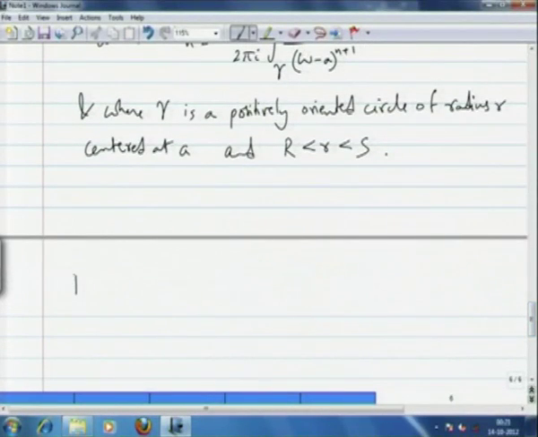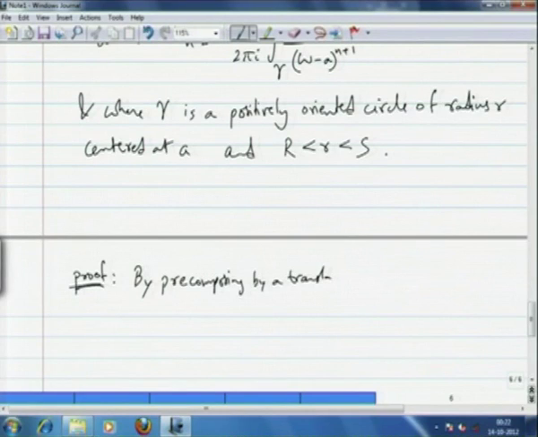So, here is the proof of Laurent's theorem. What we will do is the following: by a translation, we can assume that a is equal to 0. So, we are moving this annular region to be centered at 0.